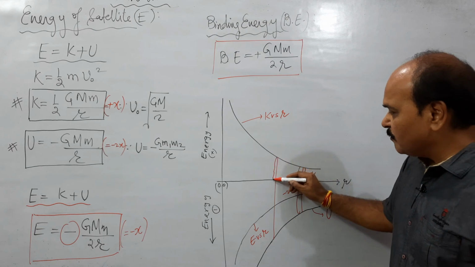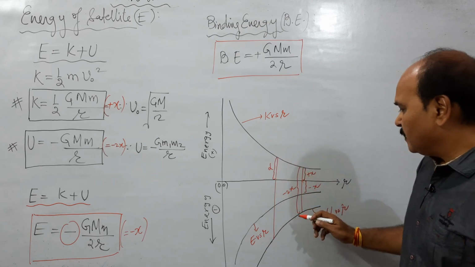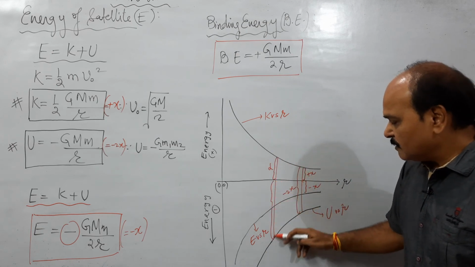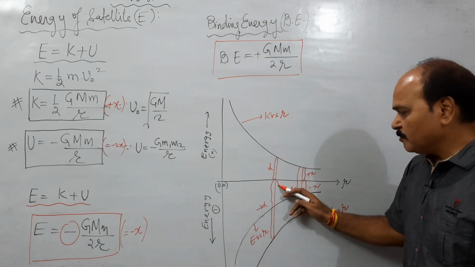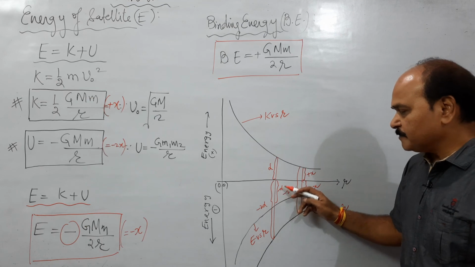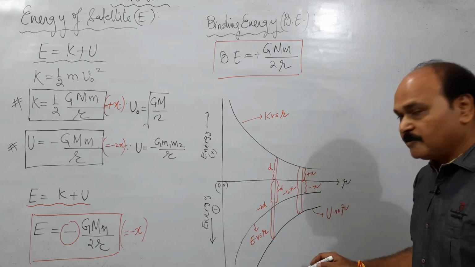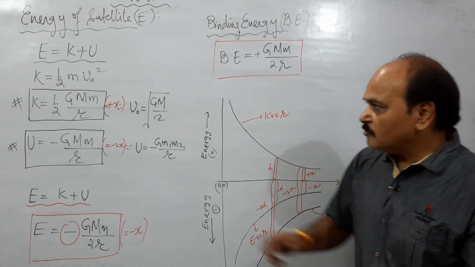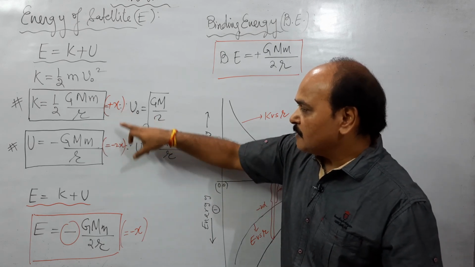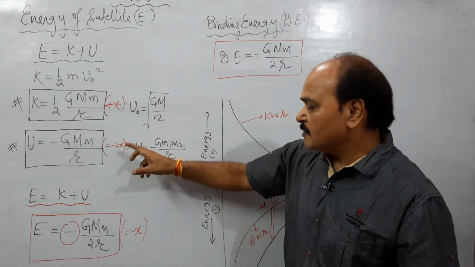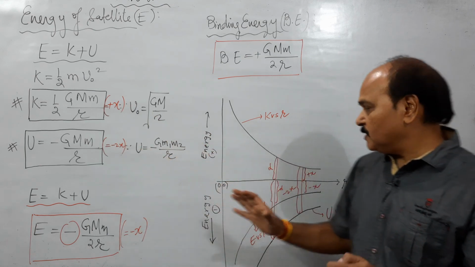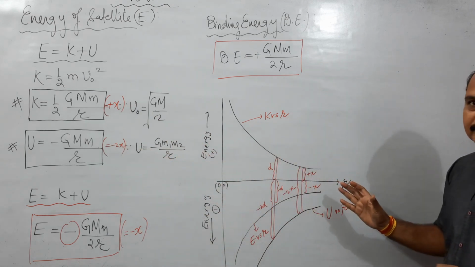If this happens to be alpha, well, this total energy is minus alpha, and potential energy has to be minus 2 alpha. So everywhere at each and every distance, this ratio of K, U and E, 1 is to minus 2 is to minus 1, should be obvious from the graph.